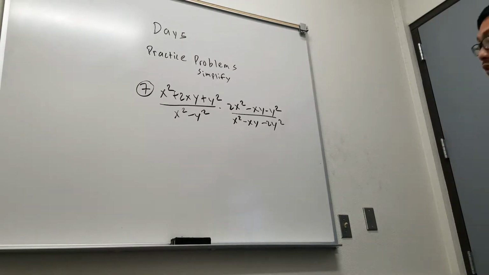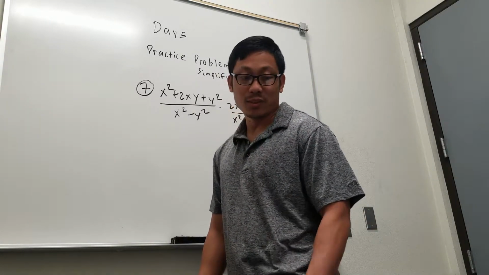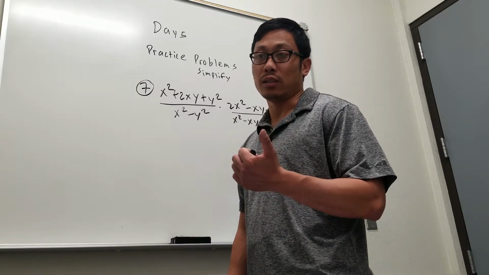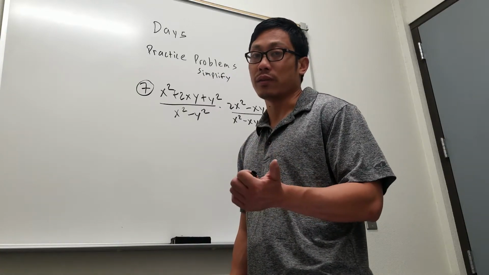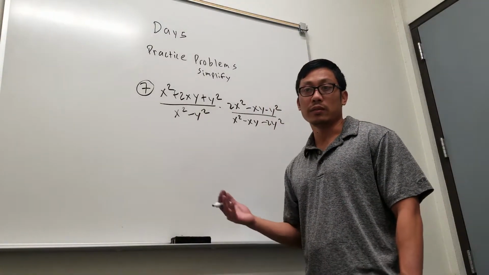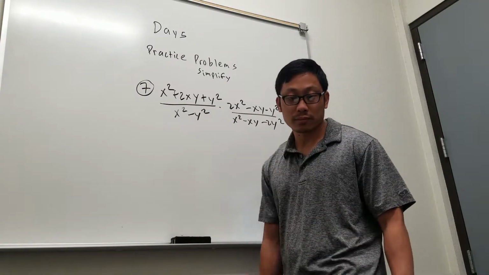Wow, we're going to finish super early today. Was that too fast? If it's too fast, just pause the video and go back to factoring. You have to know how to factor. I did mess up a few times and I could even go faster, but I try to slow it down a little bit.